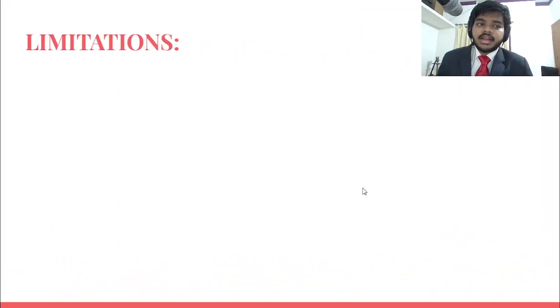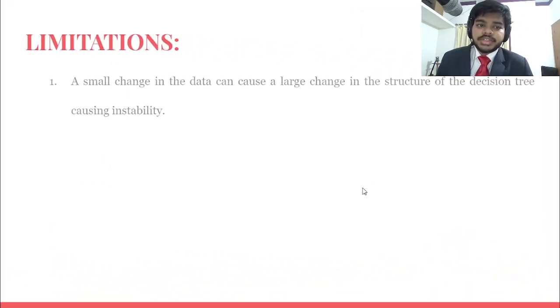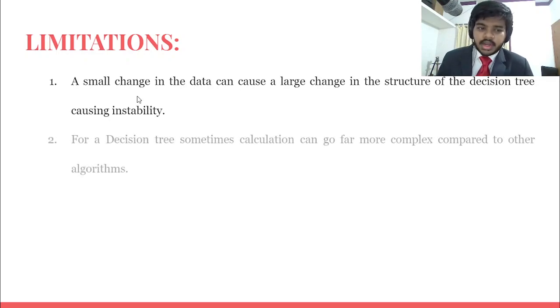On the other hand, when it comes to limitations, even small changes lead to big changes in the structure of the tree. So usually data should be as accurate as possible.